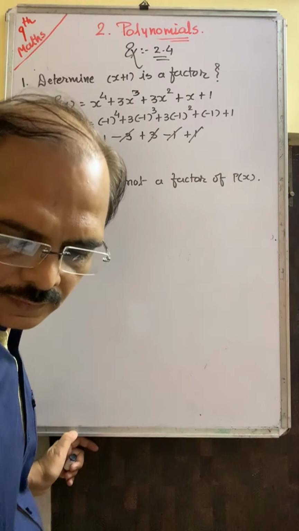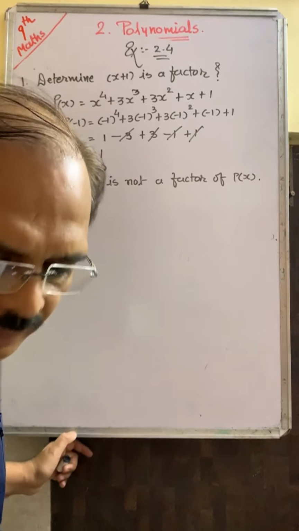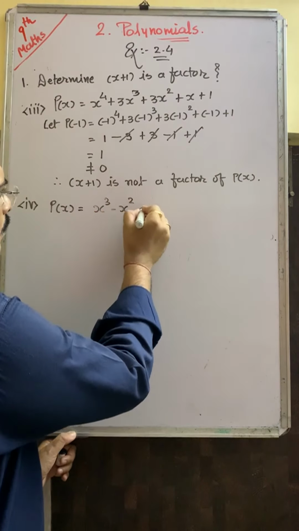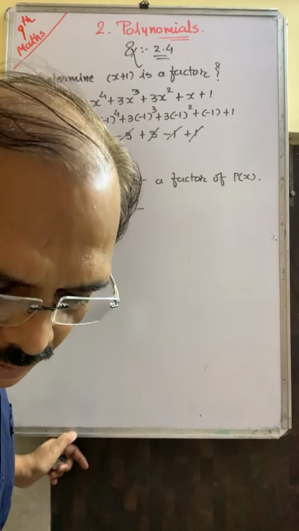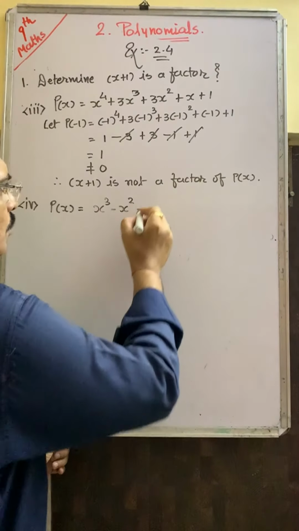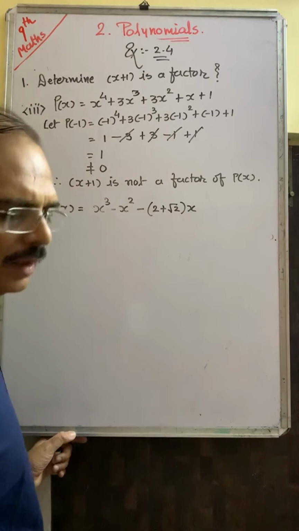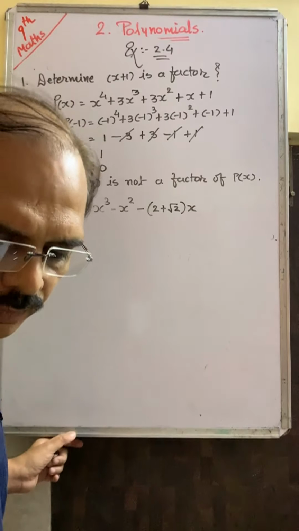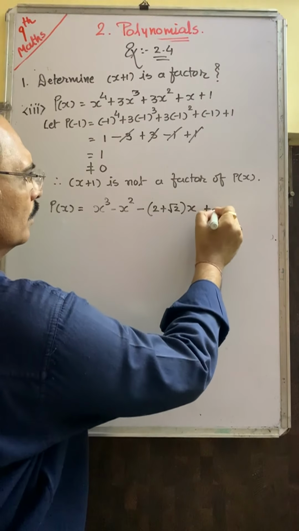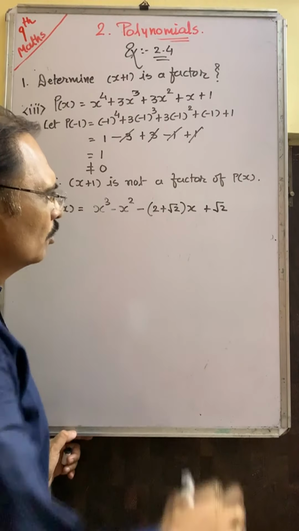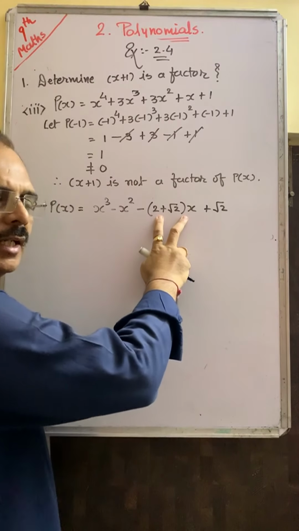Fourth: x cube minus x square minus (2 plus root 2) into (x plus root 2). Now check it. You can open this bracket and after that place the value.